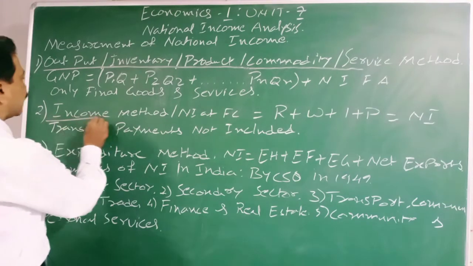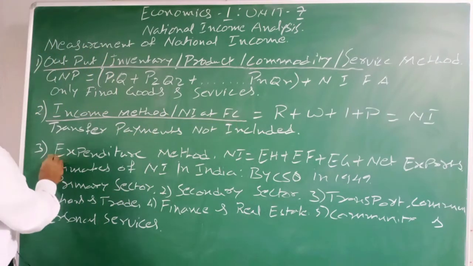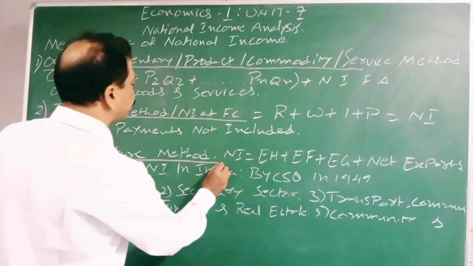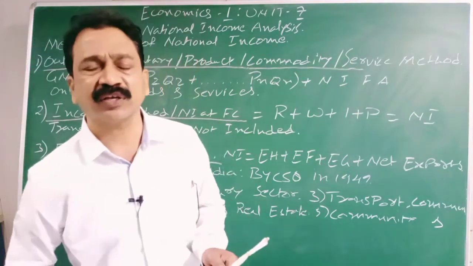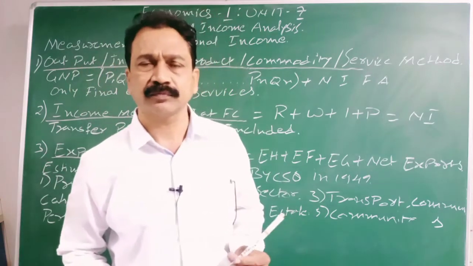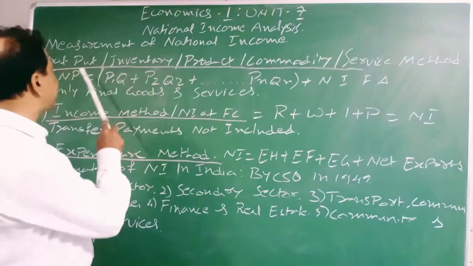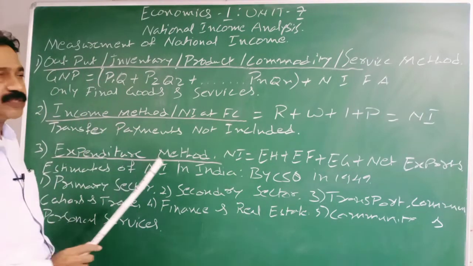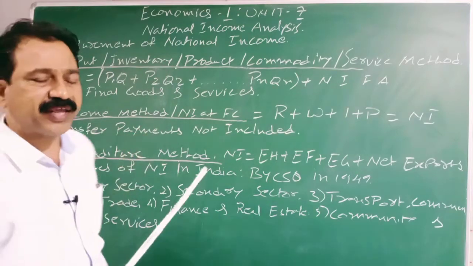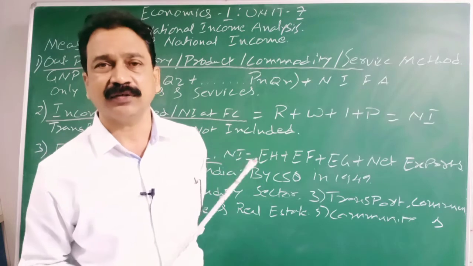Next one is income method, national income at factor cost. Third one is expenditure method. These are the 3 methods we apply to calculate the national income world over. Every country, every economy calculates by output, income and expenditure methods. We will see one after another.